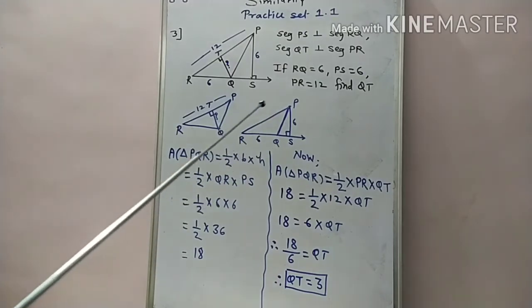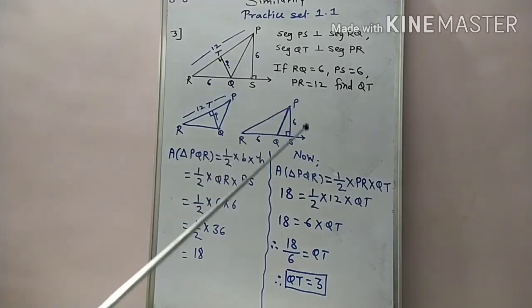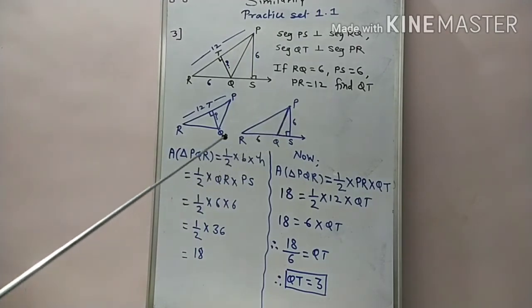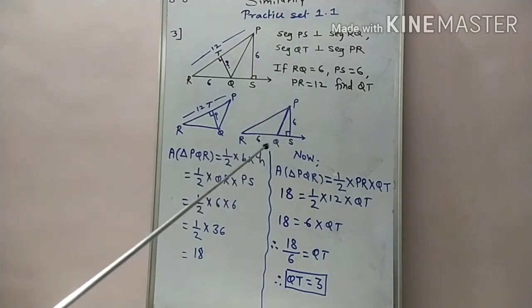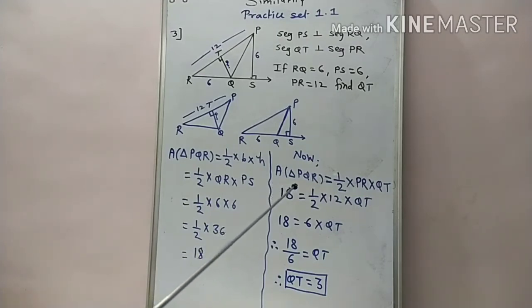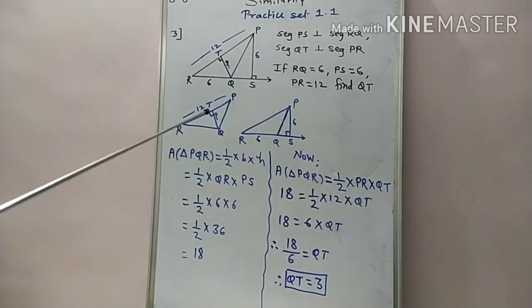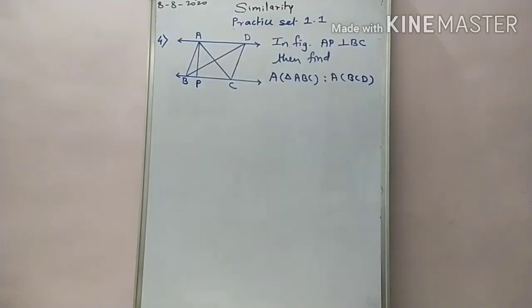First we find the area of triangle PQR using this figure, where QR is the base and PS is the height, and we use that value of the area of triangle PQR with the same triangle, but we change the base and height. So QT will now be the height, and we simplify it and get the value of QT as 3. Understood students? Okay, now we try the next.